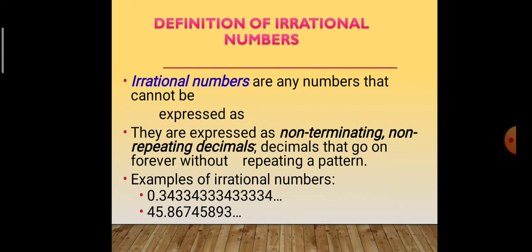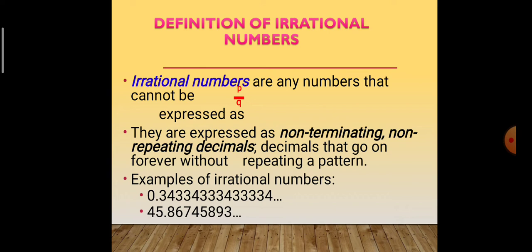Next we will go with irrational numbers. So what are irrational numbers? Irrational numbers are any numbers that cannot be expressed as p by q. That means the number which is not in the form of p by q is called an irrational number. They are expressed as non-terminating, non-repeating decimals, decimals that go on forever without repeating a pattern.